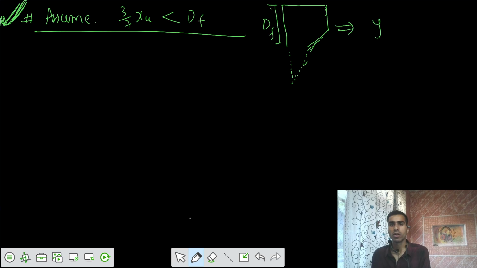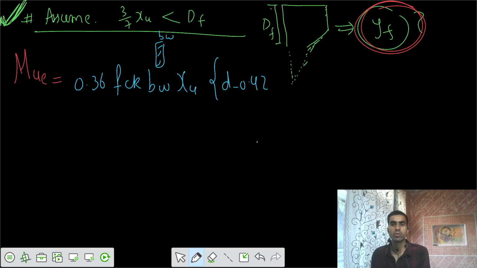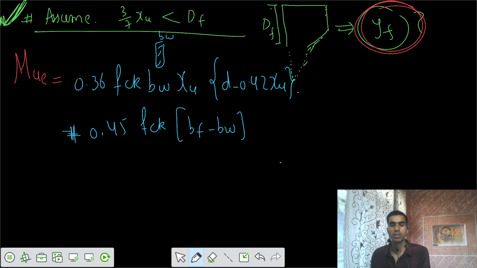So we have to get the equation of YF. That means we need to get the effective thickness of the flange, YF. So we need to use the equation of YF. I would say that external bending moments can be balanced by the equation of 0.36 FCK BW, rectangular beam, into XU and lever arm D minus 0.42 XU, plus 0.45 FCK, BF minus BW, and we have this function of YF.